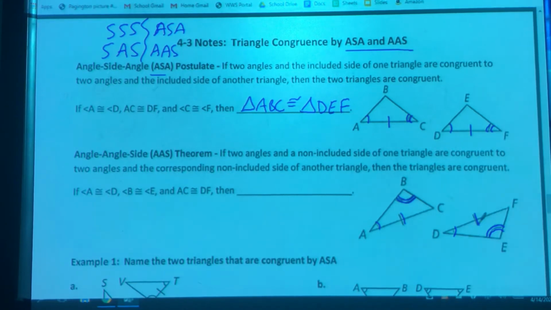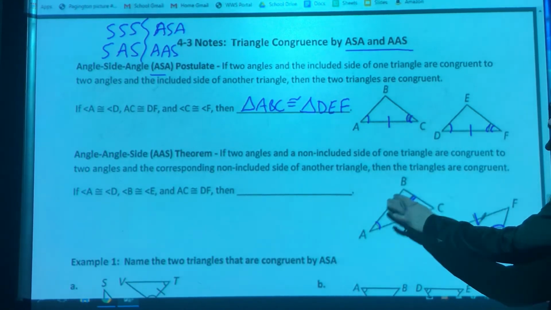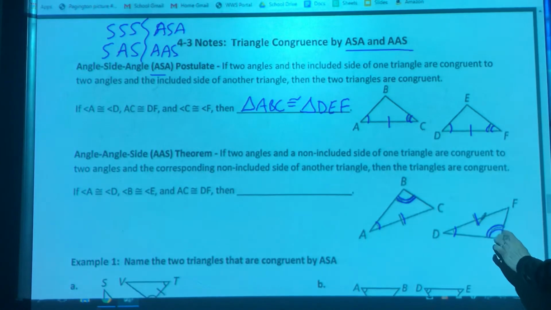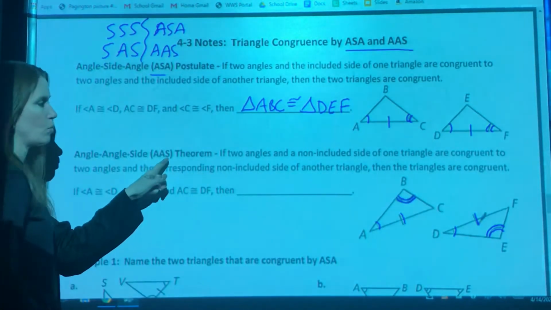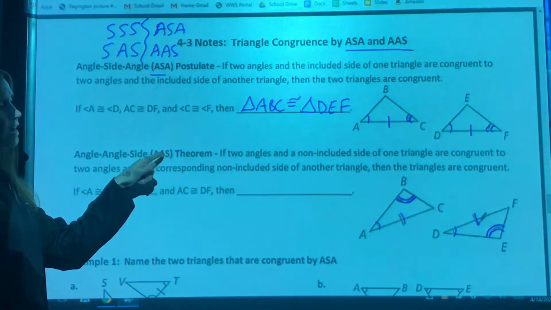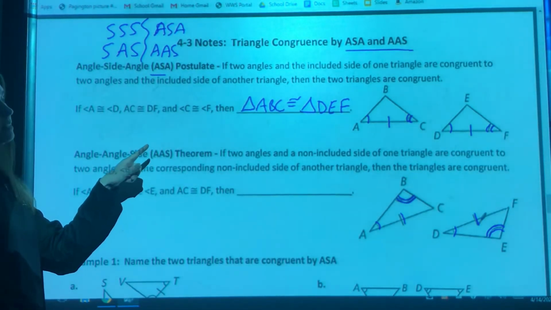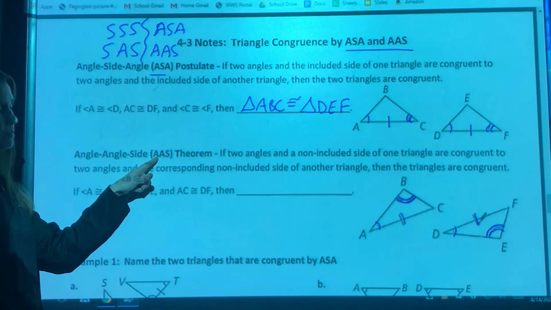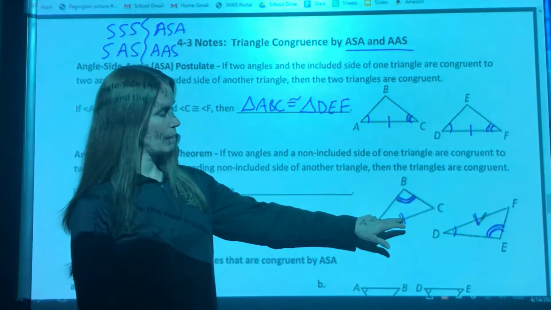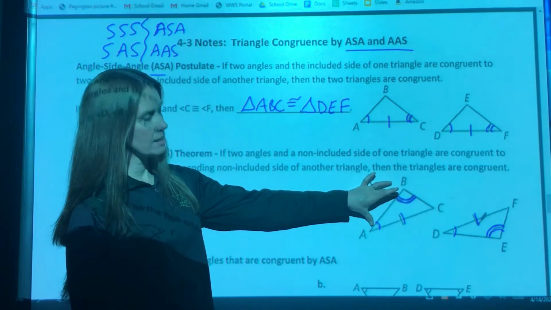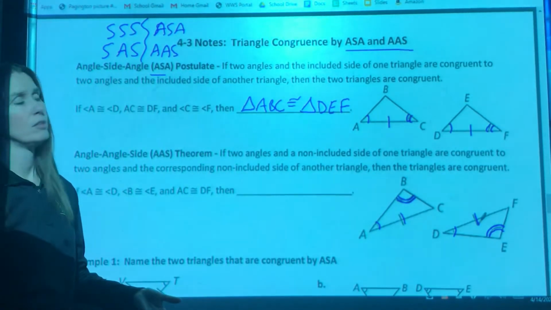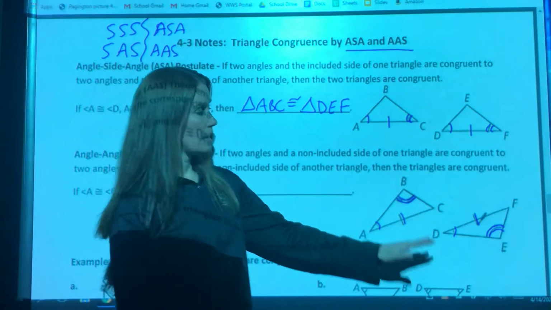Then we can say these two triangles are congruent by angle, angle, side. Angle, angle, side. We can see there's two A's and there's one S, but the S is not right in between the two A's. It's not included, and that's how it should look in my picture. This side marked congruent is not right in between the two A's. If it was, it would be angle, side, angle. But it's not, so it's angle, angle, side.